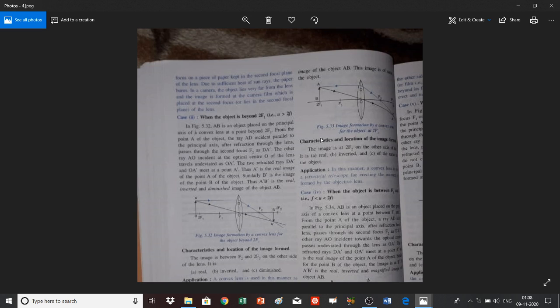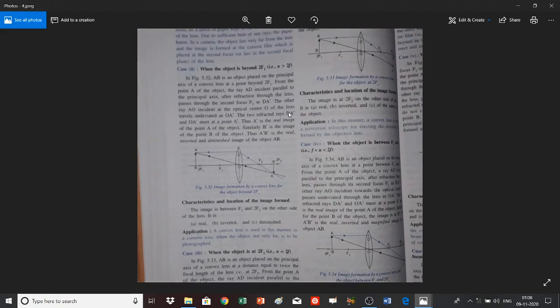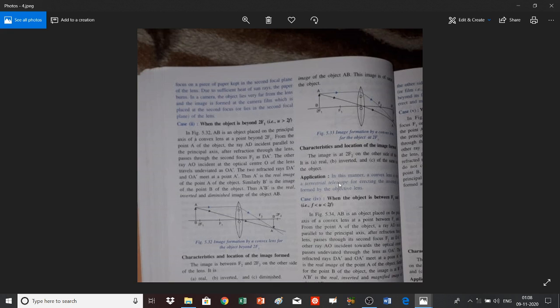So in this case, that is, when the object is placed at a distance equal to just twice the focal length f, the image is obviously real, because these two refracted rays meet here, and it can be obtained on a screen.